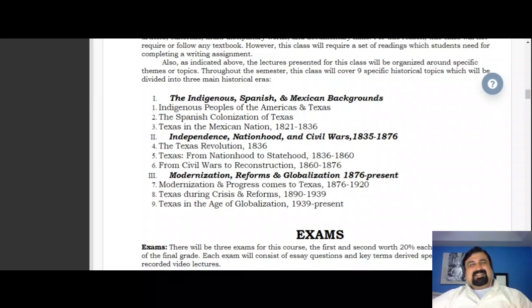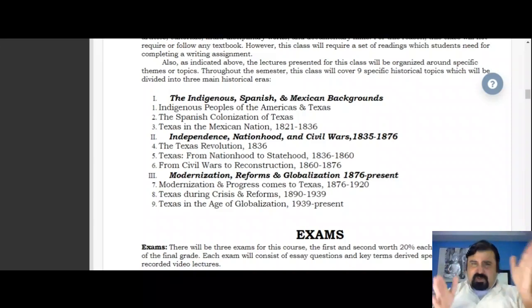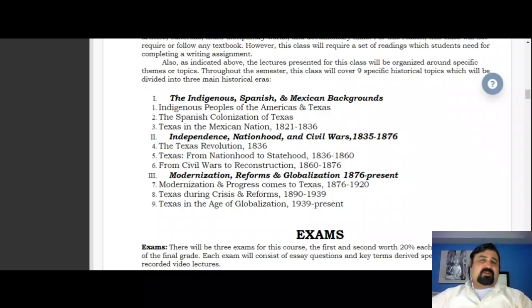So every week, what you're going to expect is that starting on Thursday, we're going to start with the first historical topic of the first historical period, the indigenous, Spanish and Mexican backgrounds. In this case, the first historical topic is the indigenous peoples of the Americas and Texas.